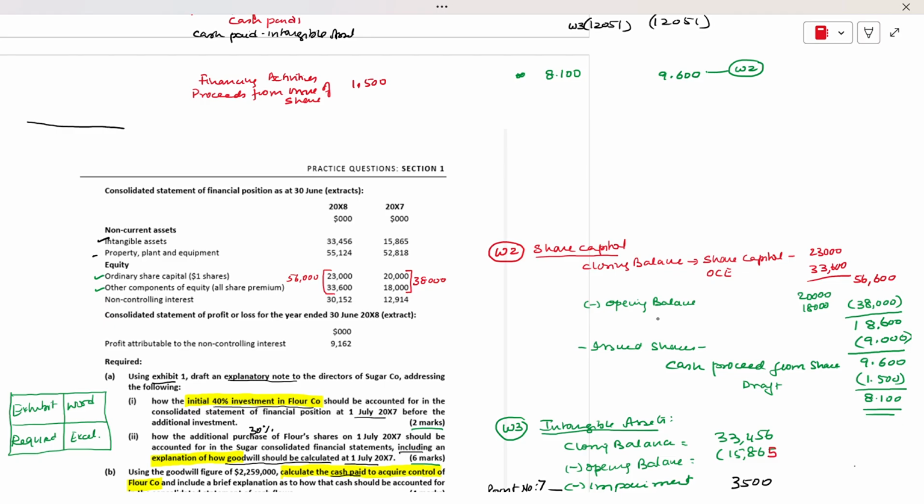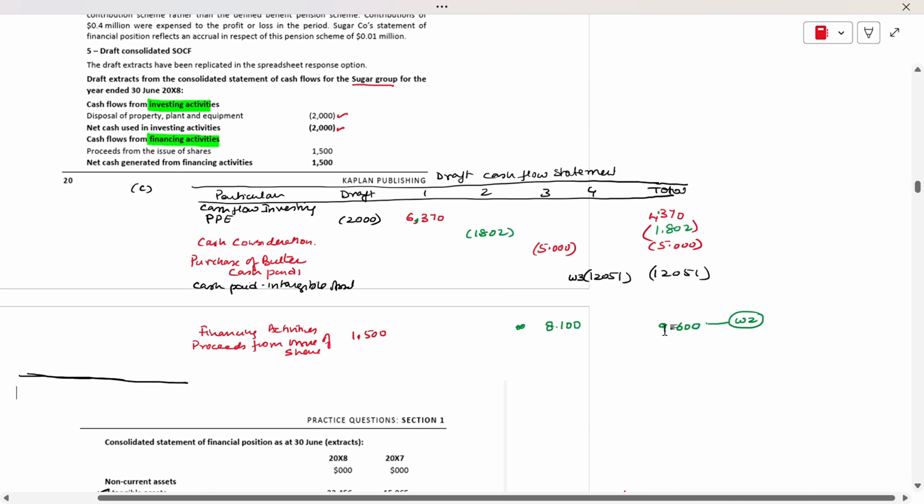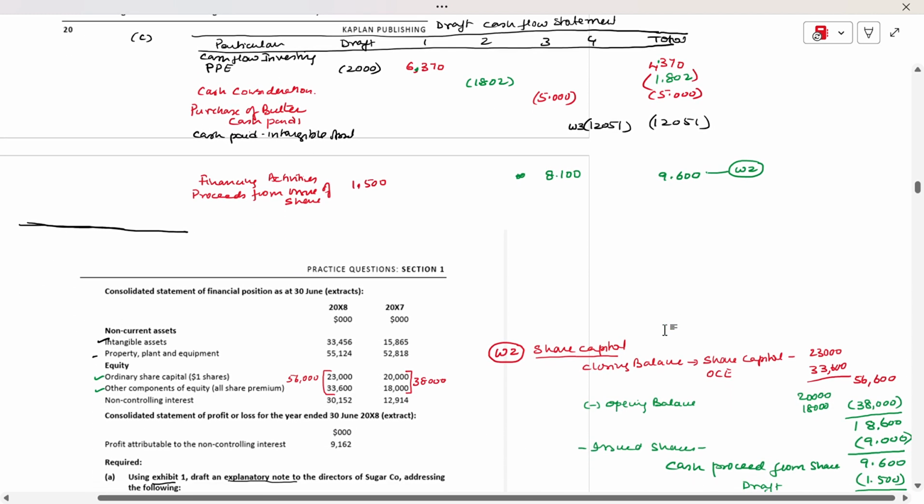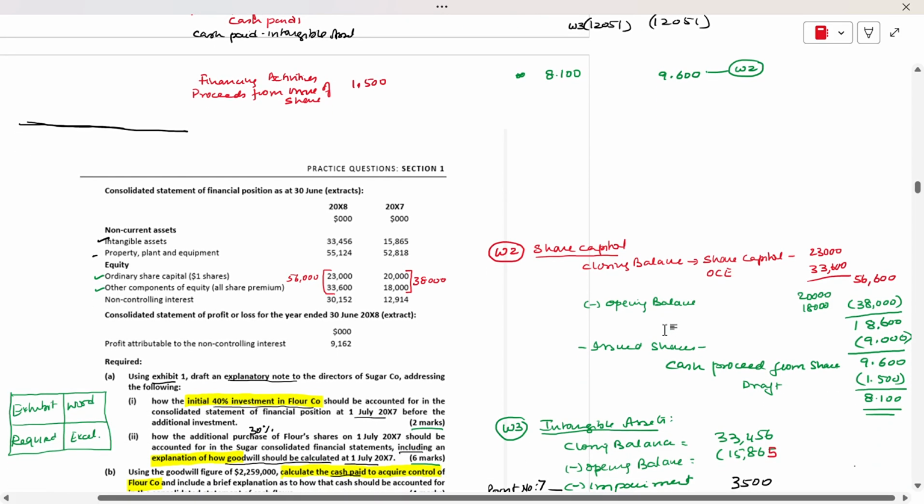Already we have done property, plant and equipment 6370. We have done property, equity, NCI. Anything else?